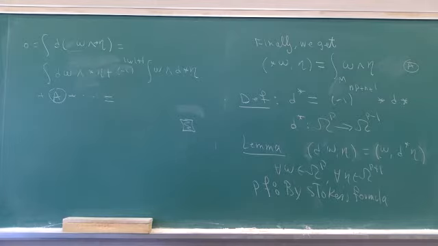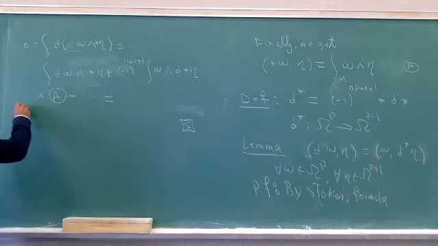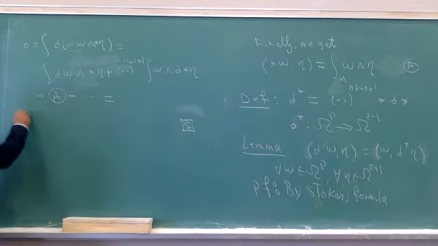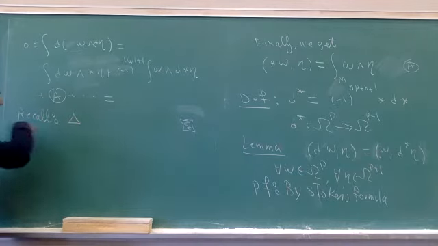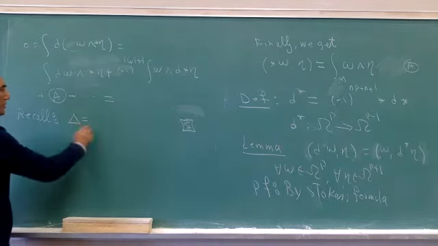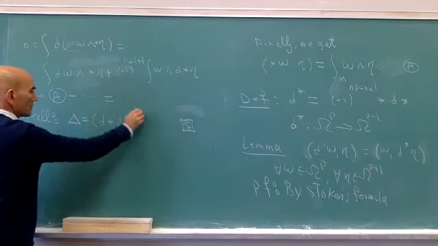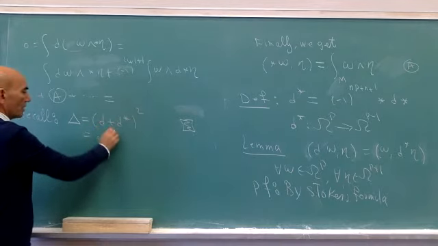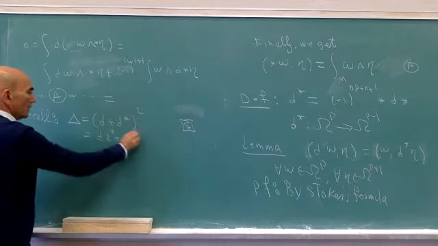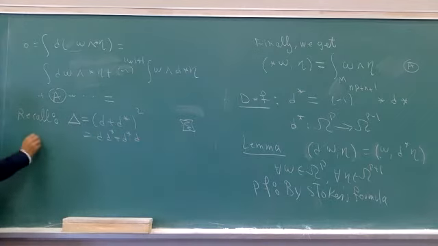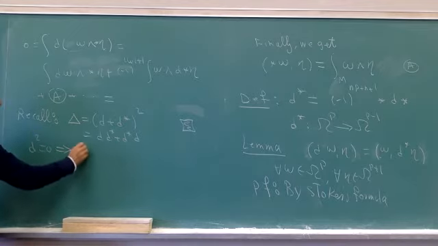Now, what we wanted to do. There is also a formula for the Laplacian, which I used, but let me just tell you this. Also recall the Laplacian for the de Rham complex is just (D plus D star) squared, equal to D D star plus D star D. You see, D squared equal to 0 implies that D star squared is also equal to 0.